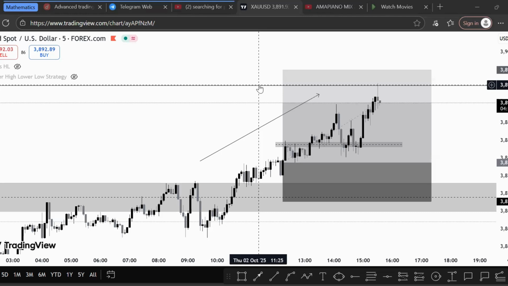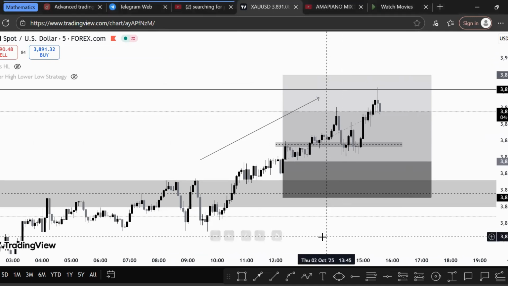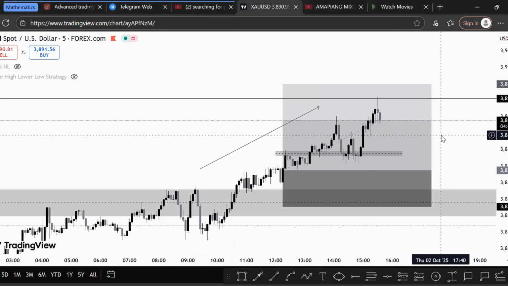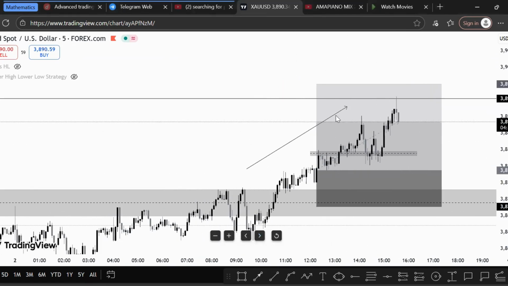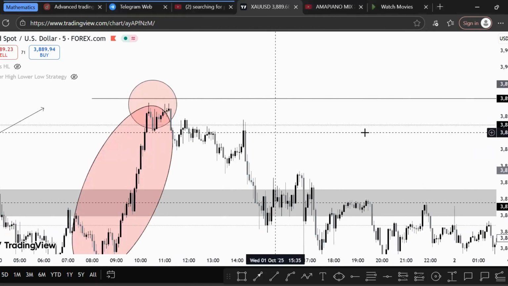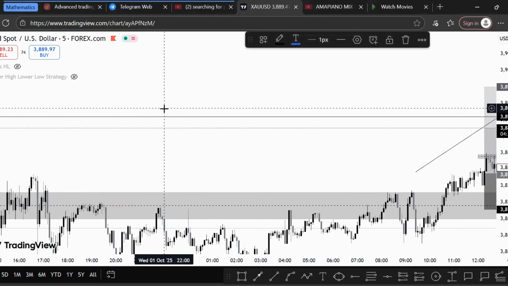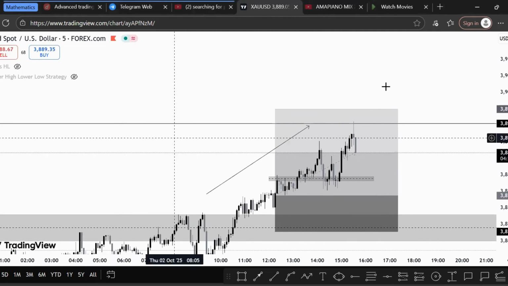Question: if I were in the trade right now, noticing this pullback, I would be prone to take a profit and leave. What would you do? For me, I trust the process. Going back to what I said earlier, I know that we are overall bullish, and TP was hit actually on that high, but I'm aiming for 3,900.